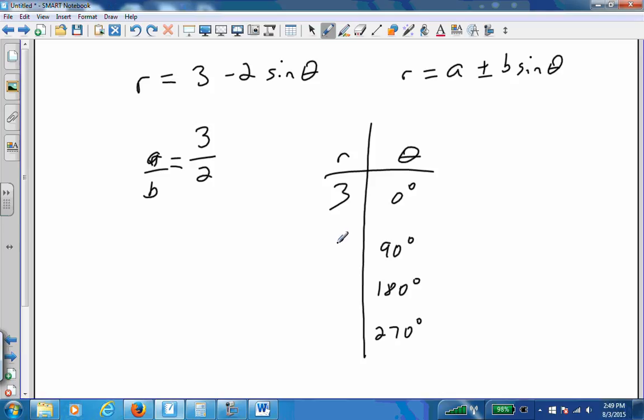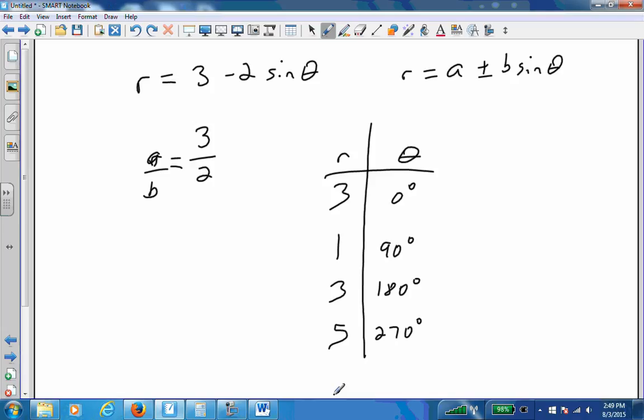If we put a 90 in, we get a radius of 1. 180, we get a radius of 3. 270, we get a radius of 5. If we put a 270 in, that's -1, -2 times -1 is +2, and 3 make 5.